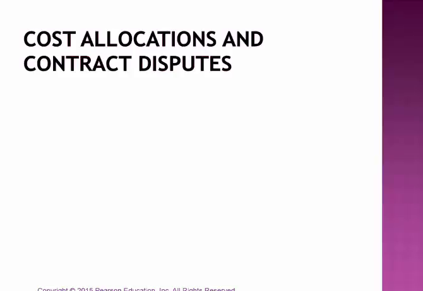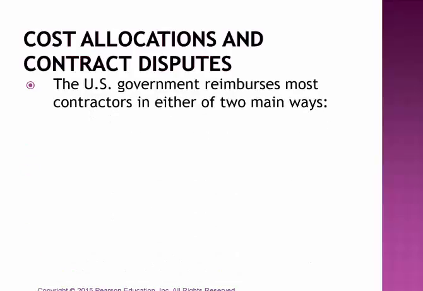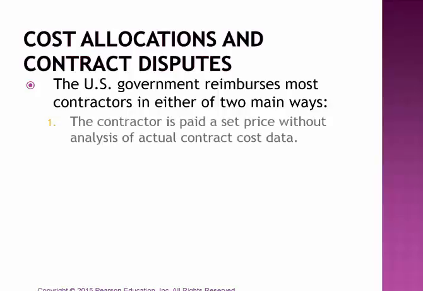Alright, so the price paid on a contract with the U.S. government will be reimbursed in one of two main ways. The first one is the contractor is paid a set price without analysis of actual contract cost data.